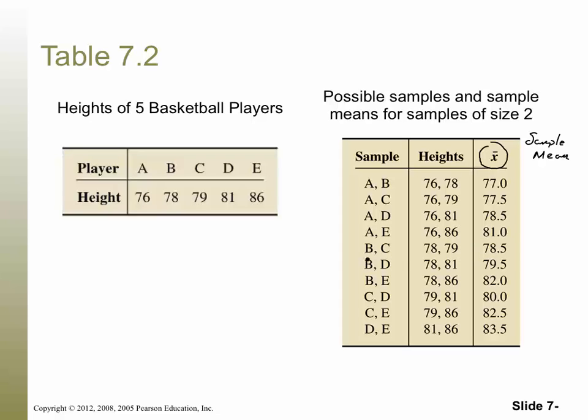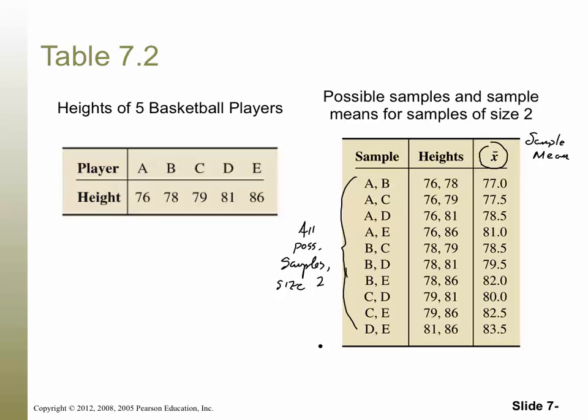That's showing it right there. So this is all possible samples of size 2. Does that make sense so far?